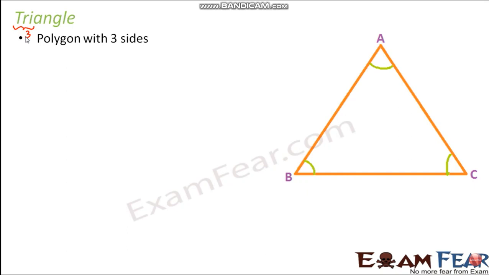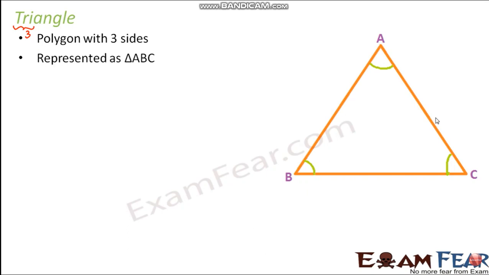What is a polygon? A polygon is a figure which is closed, which is formed only by line segments. So here you can say this is a closed polygon, that is, you have line segments forming a closed structure. And how many sides do you have? Three sides.